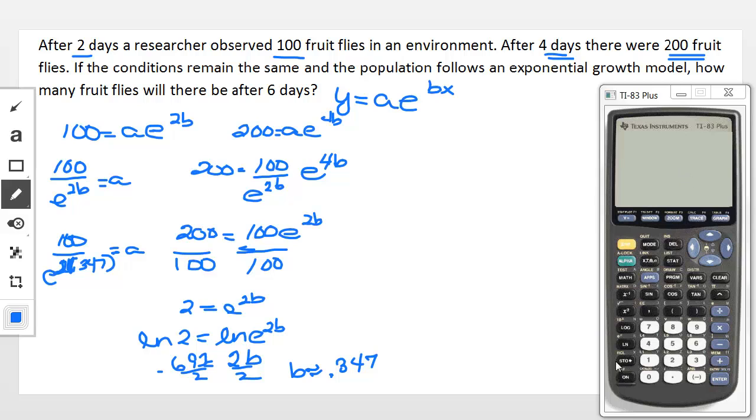So we'll take 100 divided by e to the 0.693, or 2 times our previous answer. And we get 50. So a is 50. And b is about 0.347.